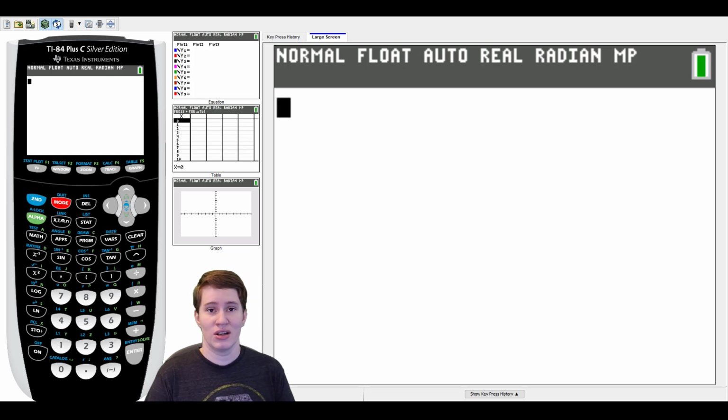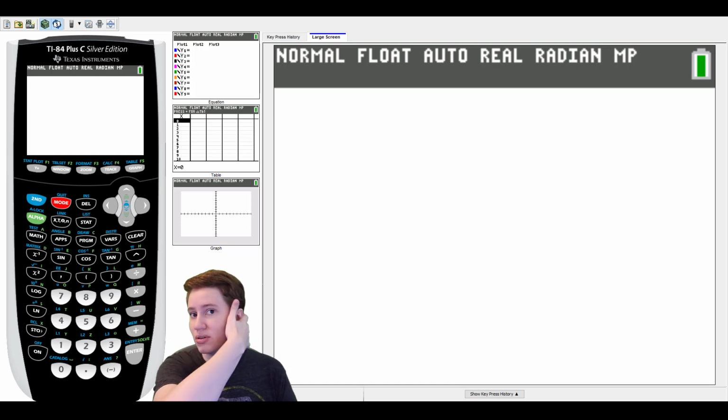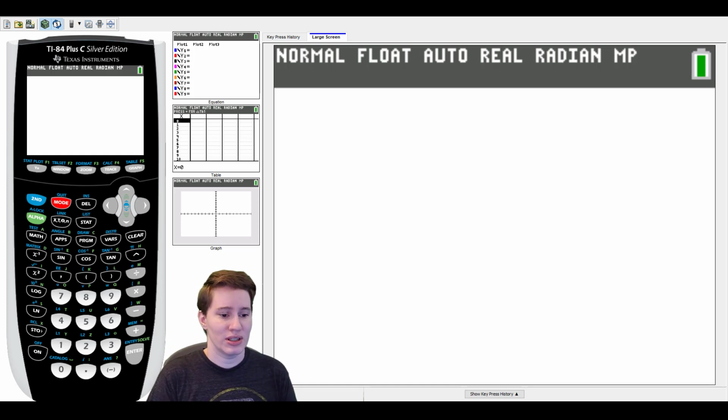So first off, I've got what's called an emulator on my computer here that I'm going to be using. It should look exactly the same as, or pretty similar to, if you bought a TI-84 Plus. You should be able to see my mouse cursor, and I'll try to make it so that it shows when I'm clicking.